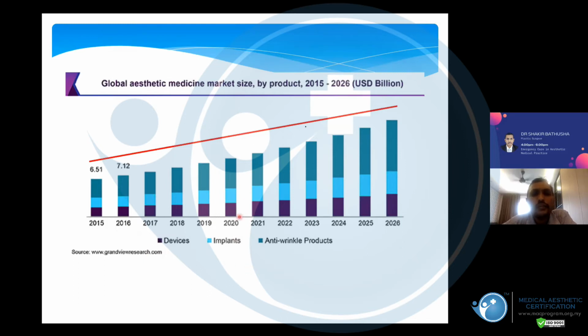All of them are tapping into this market, trying to gain the highest income. We, as the product user, the middleman between the person who produces a device or an implant and the patient, will be promised many different things. So we need to be very sure of what product we are going to use, how we're going to use it, and how to ascertain its level of safety.